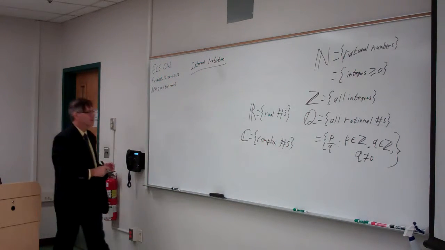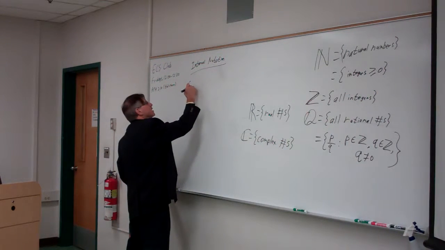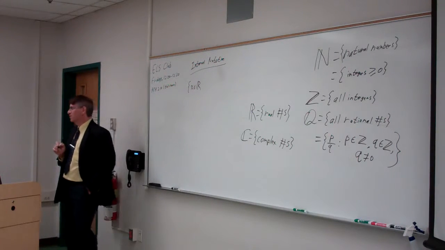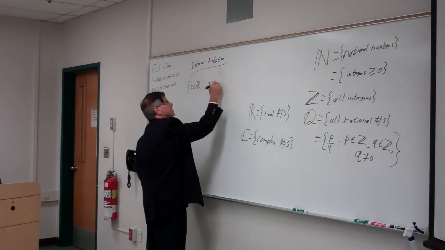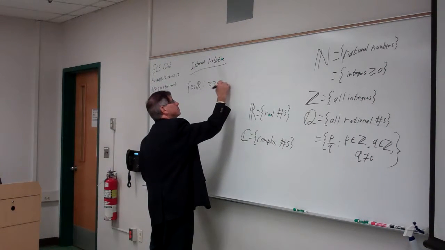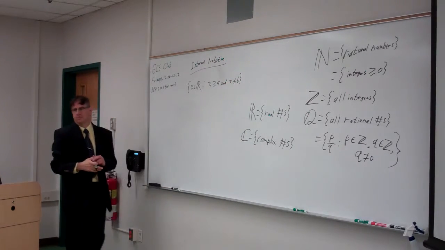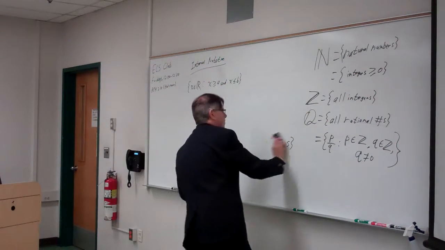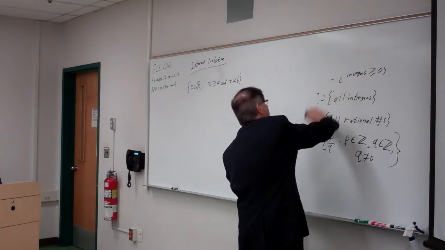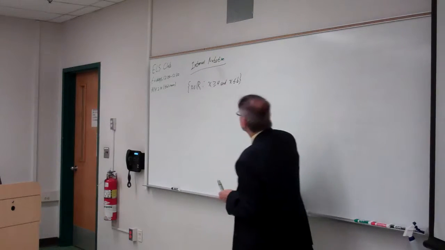For example, we will sometimes want to use a set like the set of all x coming from the real numbers such that x is bigger than or equal to a, and x is less than or equal to b. So what does this set look like? What sorts of things are in there?